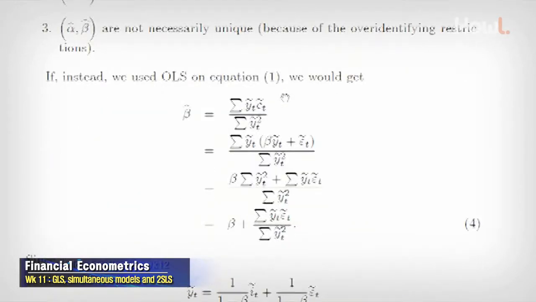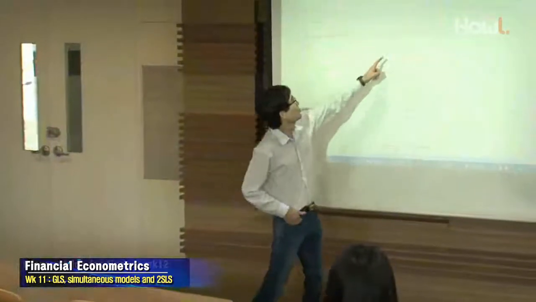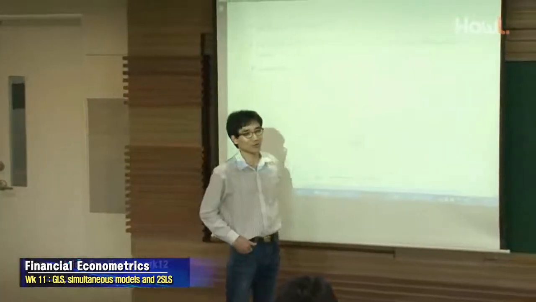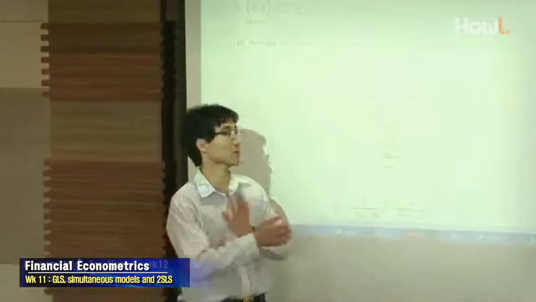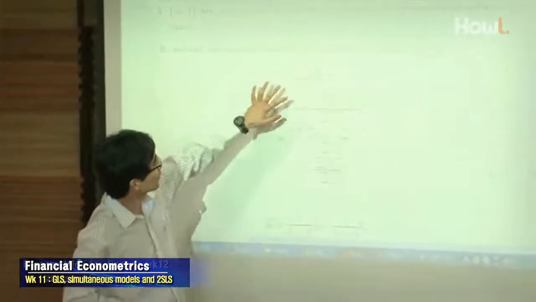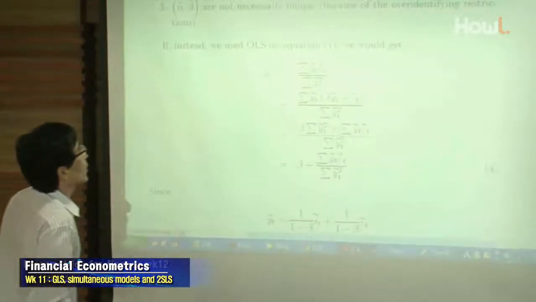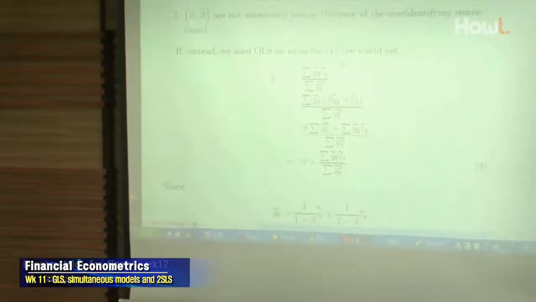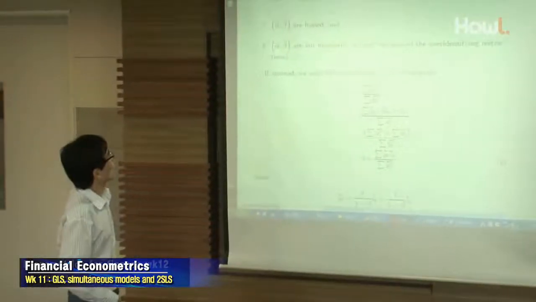So anyway, suppose we run OLS on equation 1, and if we use our formula for OLS, then beta hat would be this figure, where this term is the deviation from the mean. So our OLS beta looks like this: y squiggle times c squiggle over y squiggle squared.